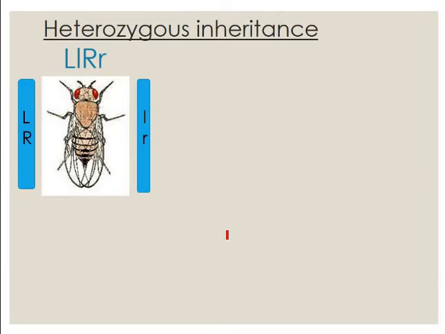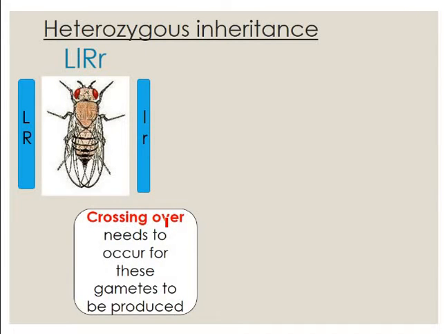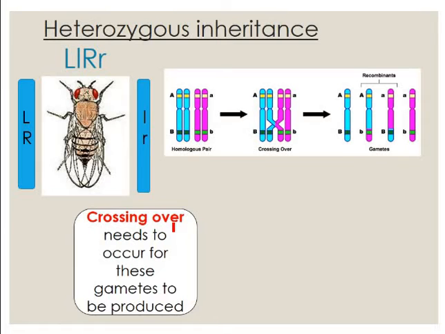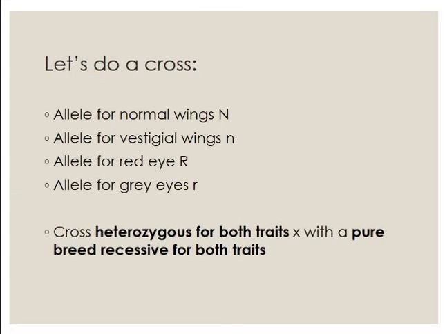Well, it's still meiosis, so there is still crossing over happening. What must have happened is the alleles that we saw were linked, like the red eyes and the normal wings, might have actually been separated during crossing over, but it had to be at a very specific place. What I would like you to do is attempt to do a cross.